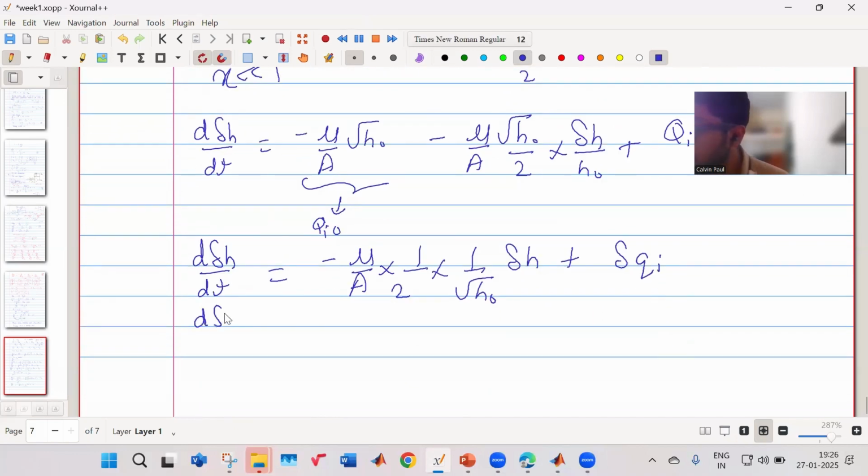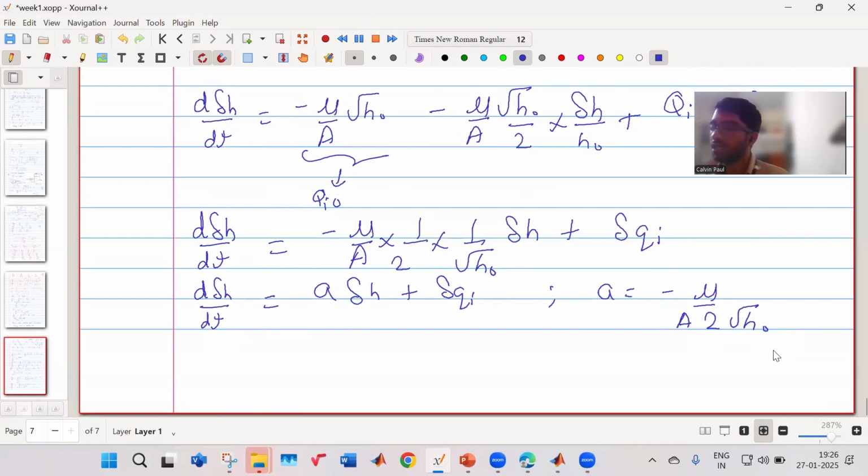So my d delta h upon dt is a constant a times delta h plus delta qi. The constant a is minus mu by a 2 root h naught. So then this is again a linear system, right? So d delta h upon dt minus a into delta h is equal to delta qi.